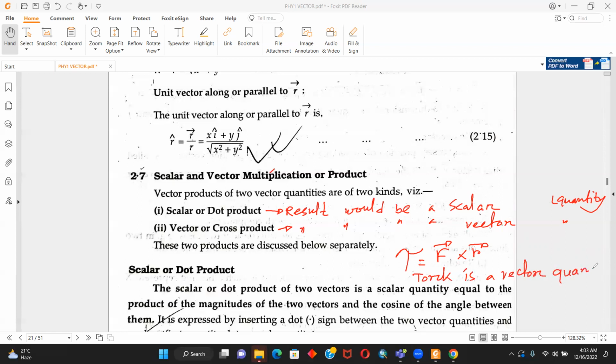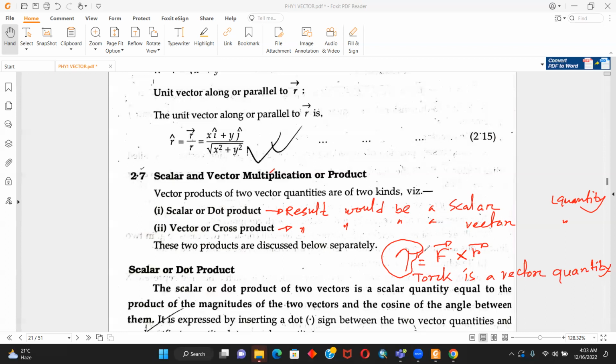We will obviously discuss it in detail. This is just a brief introduction. That means the result we will get after taking the cross product of force and radius vector is a particular thing called torque. And this torque is a vector quantity.